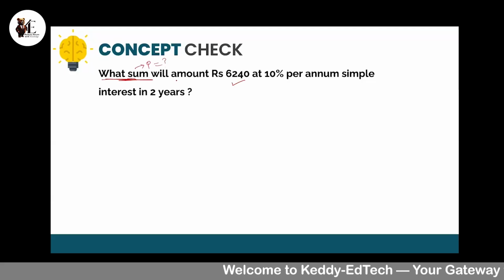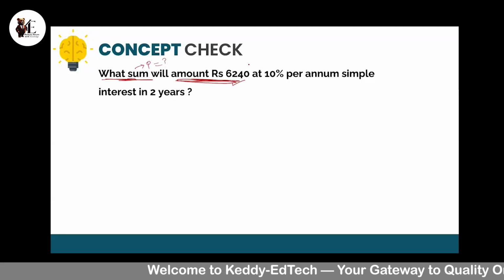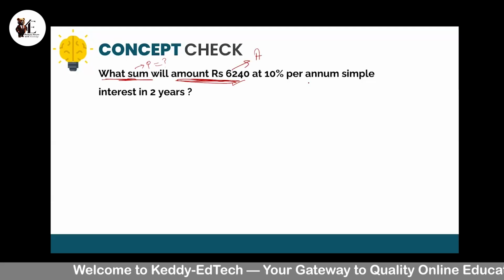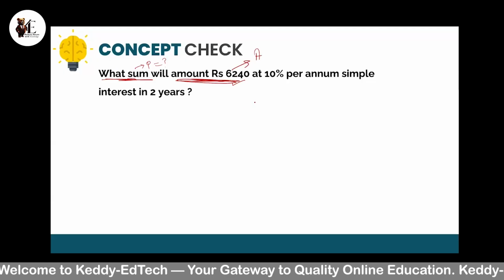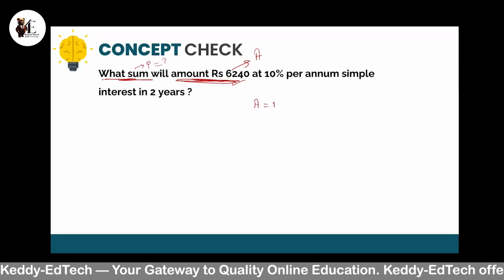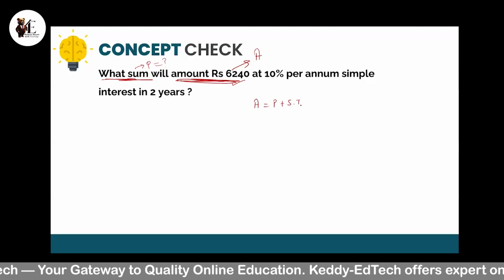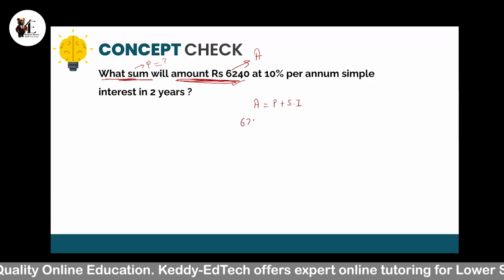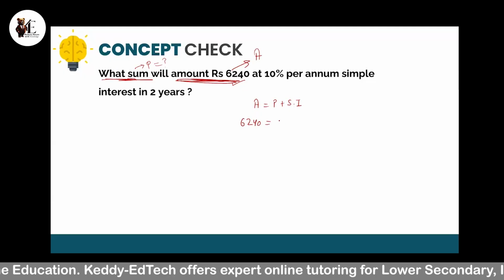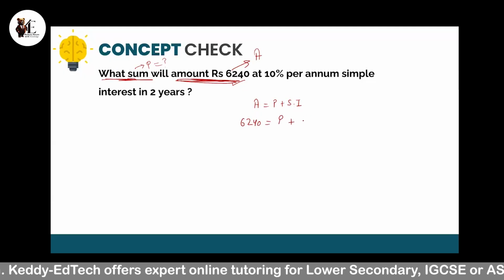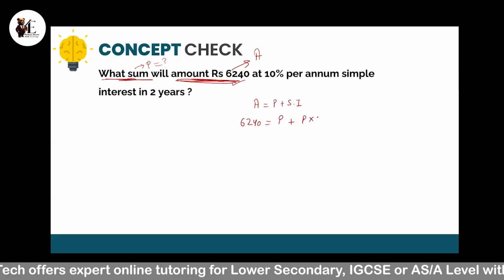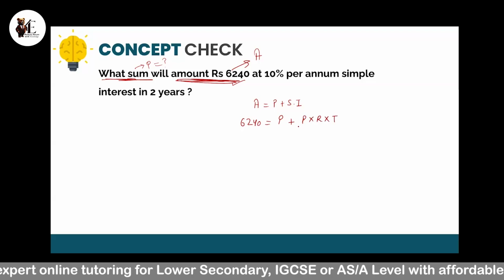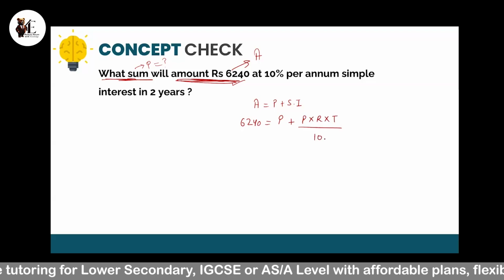And they have written that this amounts to rupees. So this is the value of capital A. So the formula is, we know that amount is principal plus simple interest. So amount is given 6,240. We have to find the value of principal, and the formula for simple interest is principal multiplied by rate multiplied by time over 100.